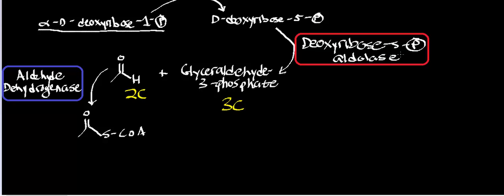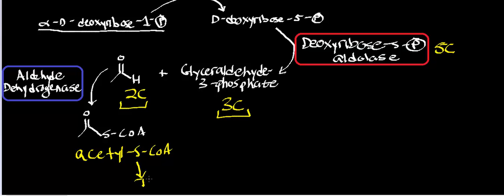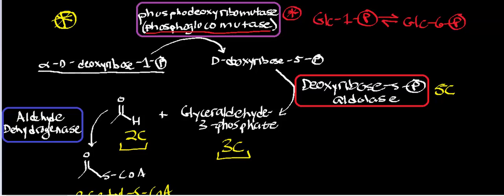So this aldolase reaction takes something that has 5 carbons and splits it into a 3-carbon fragment and a 2-carbon fragment. Then we can take that acetaldehyde and react it with a very special kind of aldehyde dehydrogenase, which will get us to acetyl-CoA, and that could potentially go into the TCA cycle. So this sequence of events is what's going to happen if we have extra deoxyribose 1-phosphate.